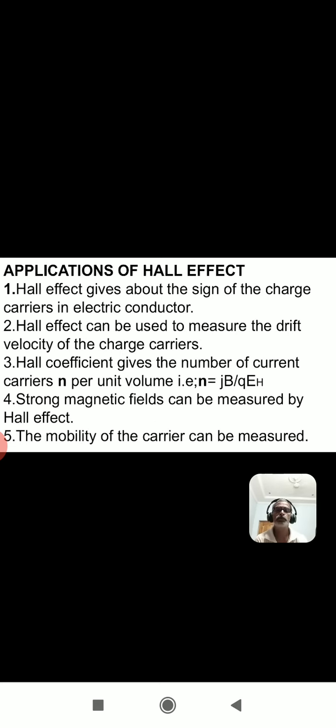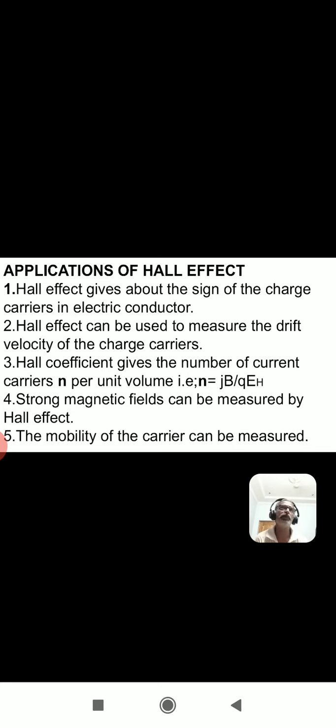So the Hall coefficient is defined as the ratio of EH to the product of JB. If RH is negative, it means 1 by nq is negative. n is a number, so q is negative. The charge carriers are electrons. Similarly, if RH is positive, then the charge carriers are holes.